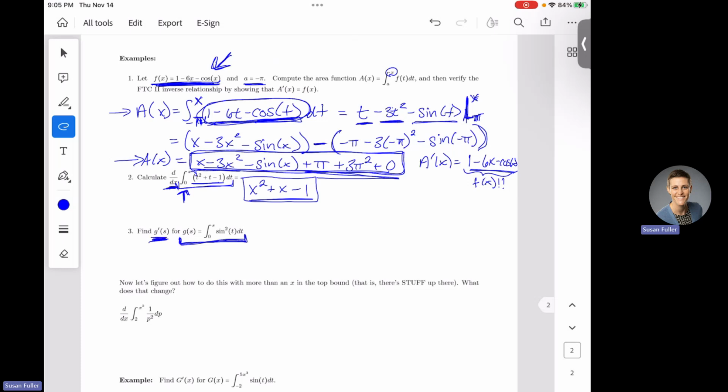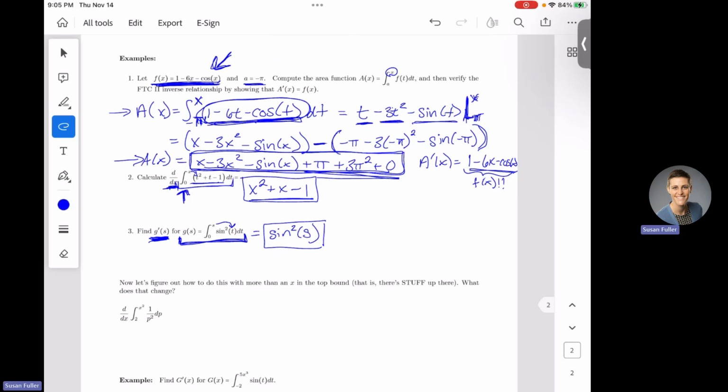Because I'm finding the derivative of an integral, the derivative and the antiderivative are going to cancel each other out, and I'm going to end up back at my original function, but with that variable plugged in to get my variable swap. And I don't even have to do all the work. I know that what I'm going to get out of here is the sine squared of that s variable. And that's an s, not a 5. Sorry, it looks like a 5, but it's an s. It is that variable that we were given.